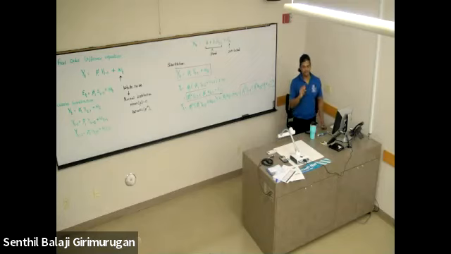When we take the derivative at a point, it is just the slope at that point, the instantaneous slope. To find the slope, what do we use? y equals mx plus b. That's the equation of the line.